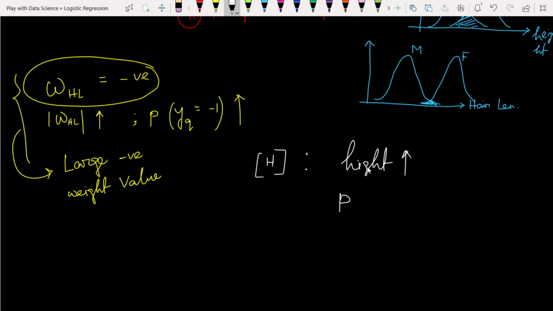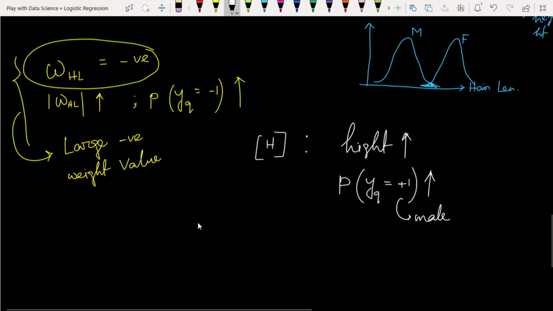It is a simple concept: if our height increases, then the probability that the person will be male increases. That is, the query point will be class 1, our male. The chances increase that it will be male.